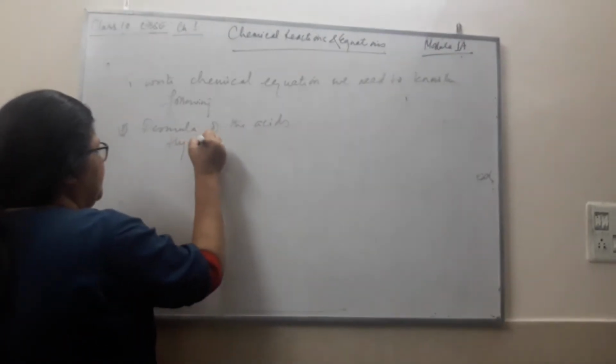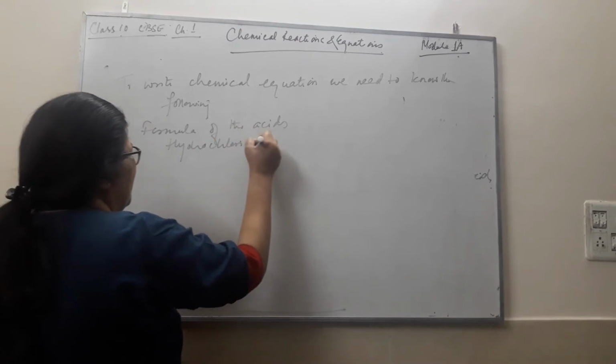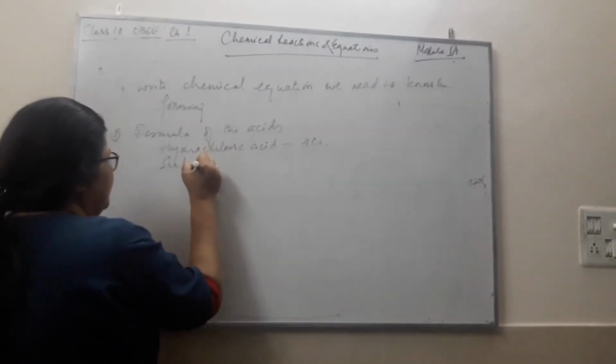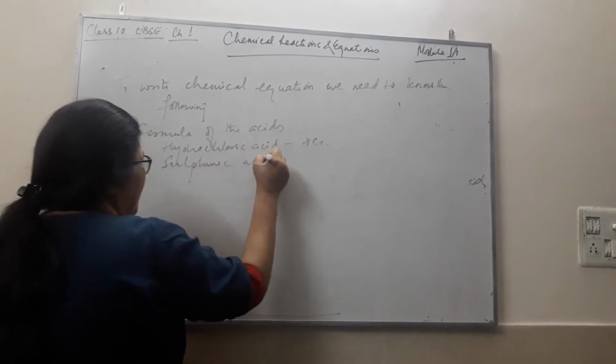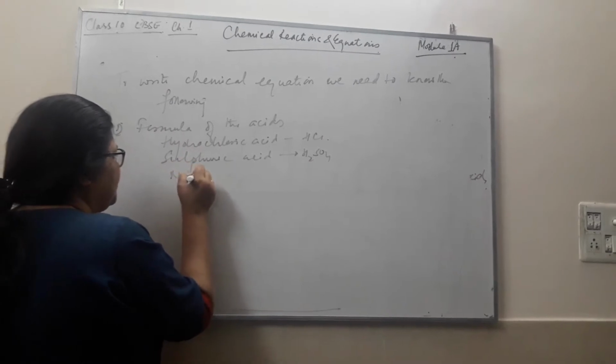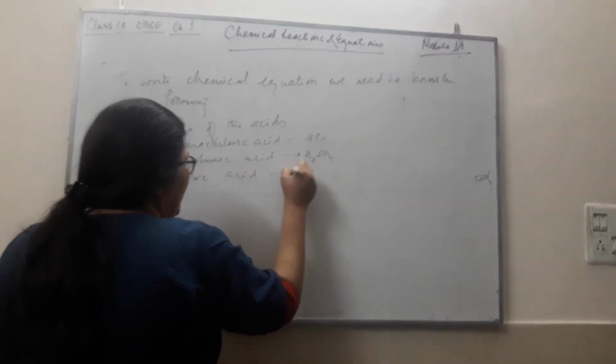Hydrochloric acid is HCl, sulfuric acid is H2SO4, nitric acid is HNO3.